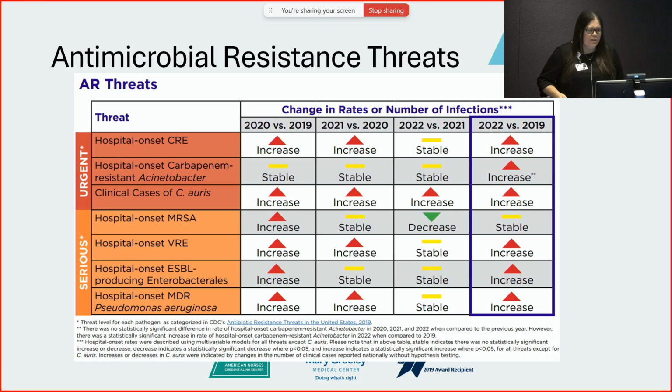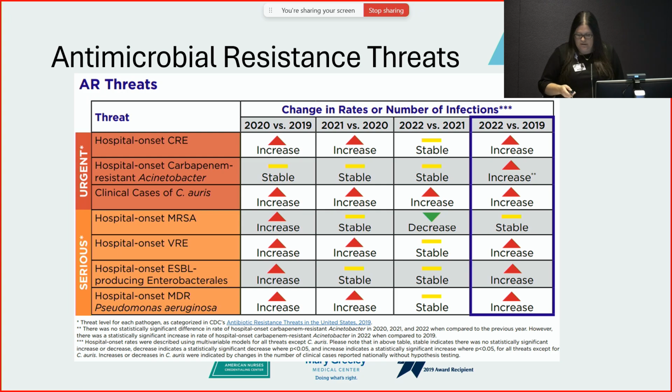The CDC puts out periodic data on threats that are serious and urgent on resistant pathogens. And through COVID, as you might expect, we had an increase in all, except for hospital onset MRSA. It remains stable, but there's increased resistance occurring.